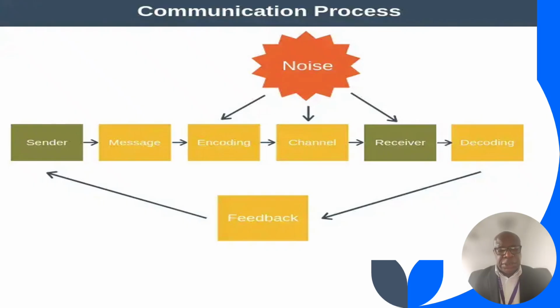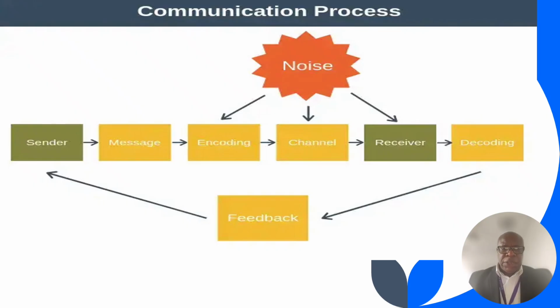It's coded, goes along the channel, and then from the channel it goes to the receiver. The receiver receives it and is able to decode the message, and then there will be feedback, like a reply, to say that they understood the message or to react according to the message that was sent.